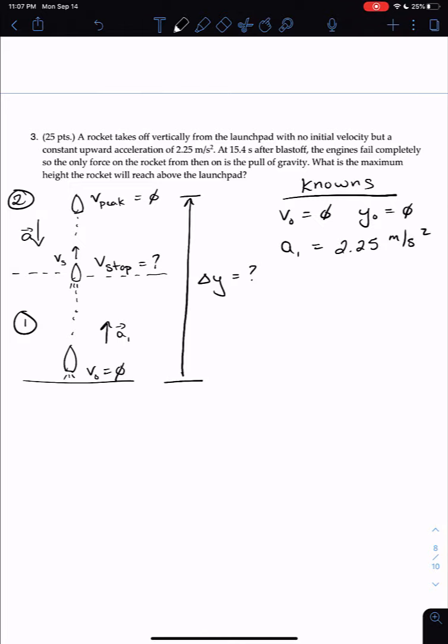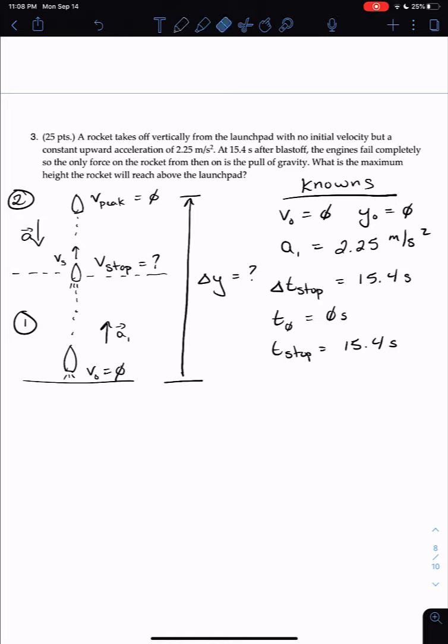And the elapsed time in part 1 is 15.4 seconds. So my engines burn for 15.4 seconds before it stops. I could break this out and say that my initial time is 0 and T stop is 15.4, which gives me the same elapsed time.